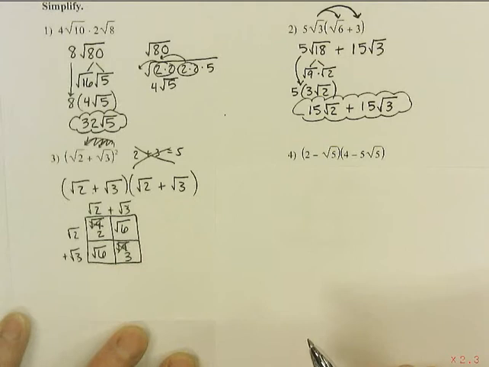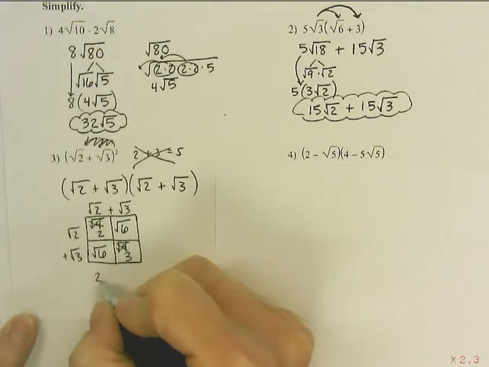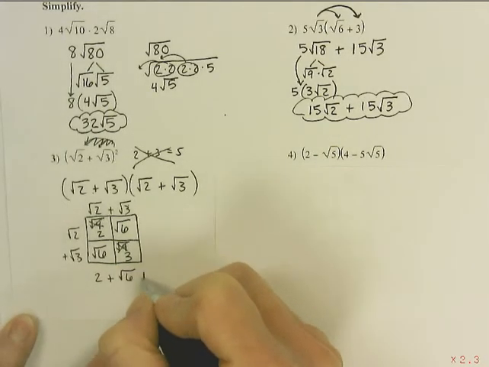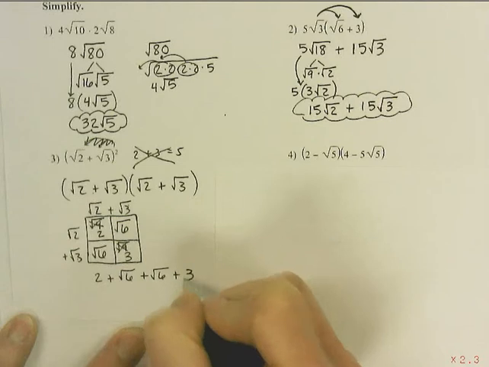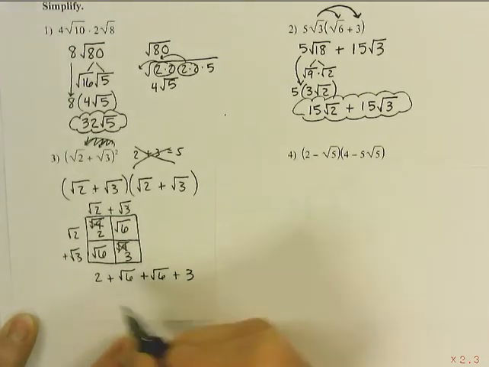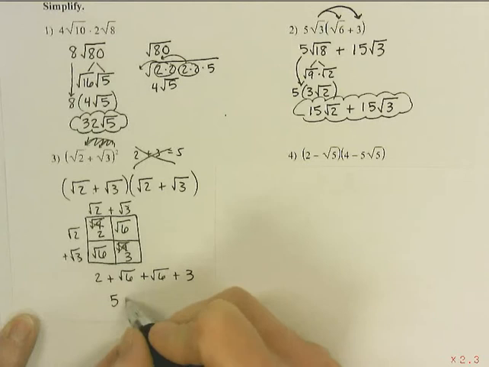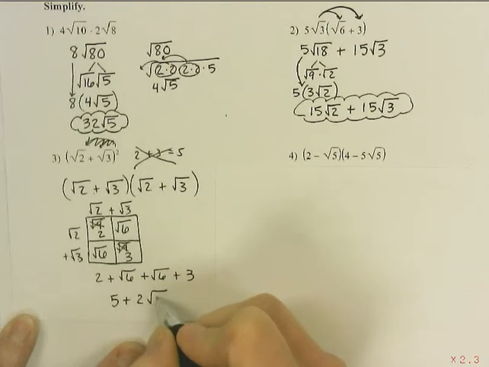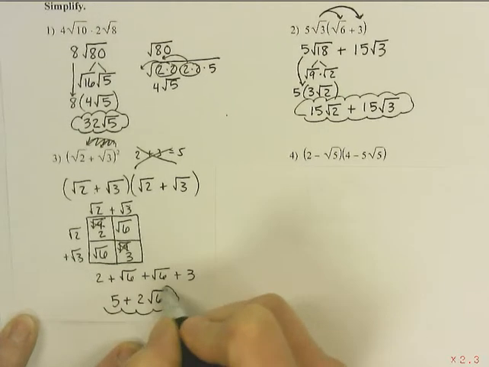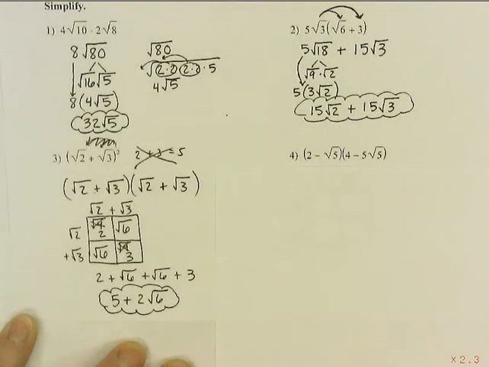So that means we're going to get 2 plus square root 6 plus square root 6 plus 3. Combine your like terms. 2 plus 3 is 5. Root 6 plus root 6 is 2 root 6. Remember, this is as far as you can go. 5 and 2 root 6 are not like terms, so just leave that alone there.